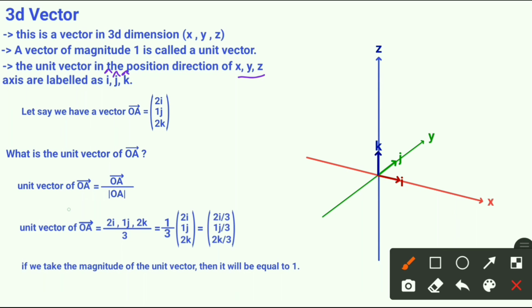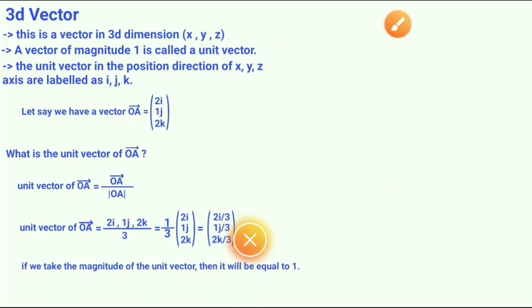The unit vector is denoted as OA hat. Whenever you need to find a unit vector, take the vector OA over the magnitude of OA, and then you get the unit vector. If you take the magnitude of the unit vector, it will be equal to 1. Okay, so let's move on.